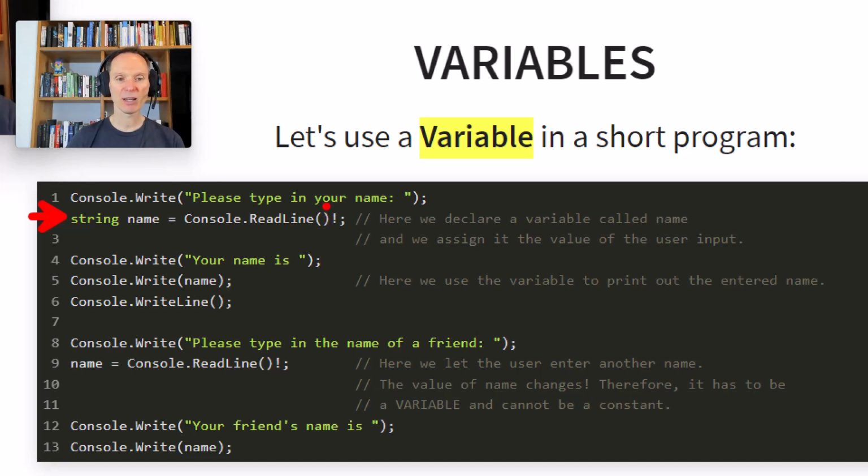You might ask yourself what this exclamation mark here at the end is. I'm not going to describe that in detail. We are lacking a certain amount of foundational knowledge to really understand what this exclamation mark is. We will cover that later in this course, or maybe even next year, we will see. For now, just trust me. Add the exclamation mark here, and any warning that C# might give you will go away.